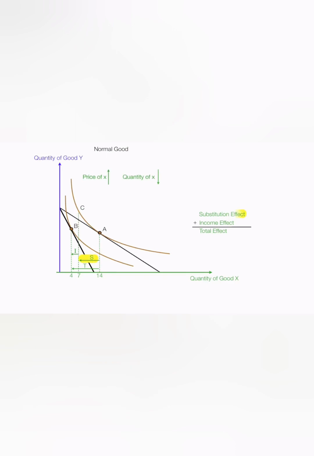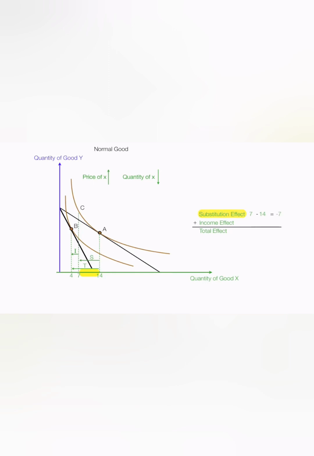The substitution effect is that distance, which is 7 minus 14. Seven minus 14 is equal to negative 7.